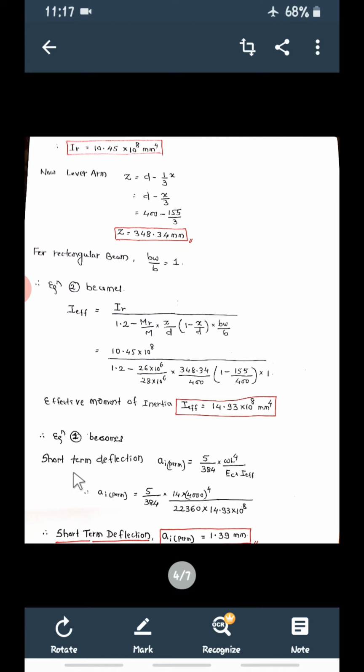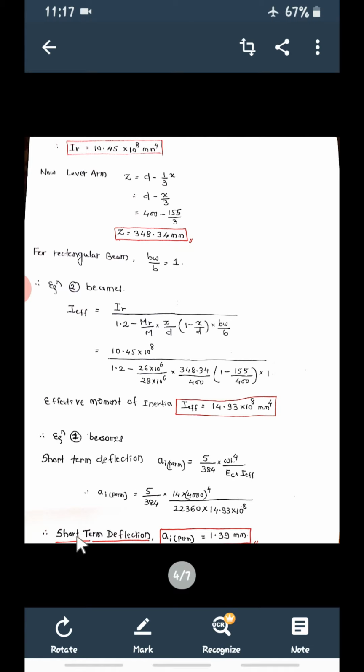So therefore, equation 1: first you have to calculate the short term deflection. Short term deflection for a simply supported beam subjected to UDL is 5 by 384 into WL raised to 4 divided by EI. For E you substitute Ec, the Young's modulus of concrete, and for I you substitute I effective. So whatever values you have calculated, substitute: 5 by 384, W is the total load 14, L is 4000 mm raised to 4, divided by Ec and the effective moment of inertia.